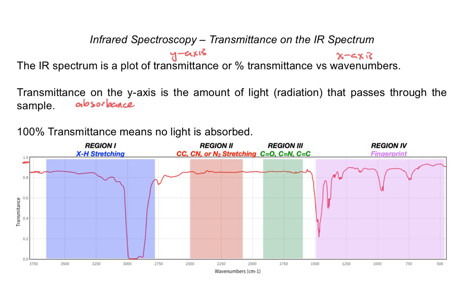So as we read from left to right, there's the baseline. Nothing's being absorbed. And then it's gradually going down. And now here, there's 100% absorbance or 0% transmittance.